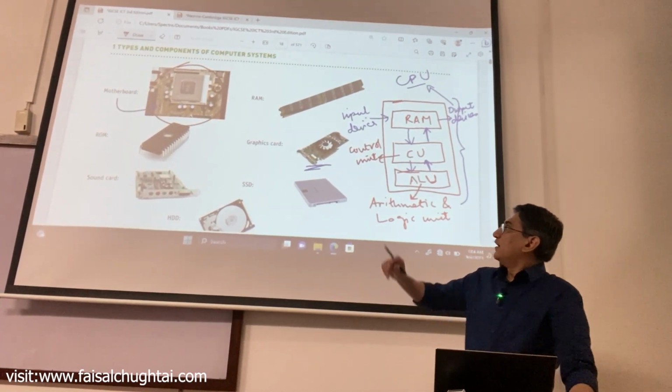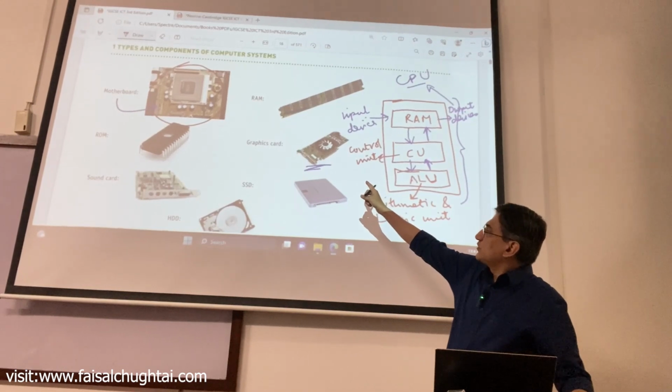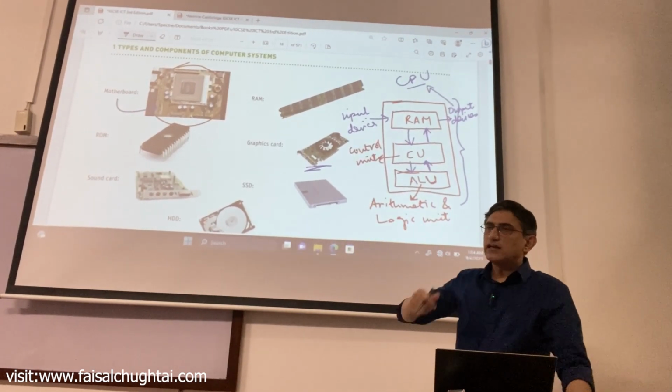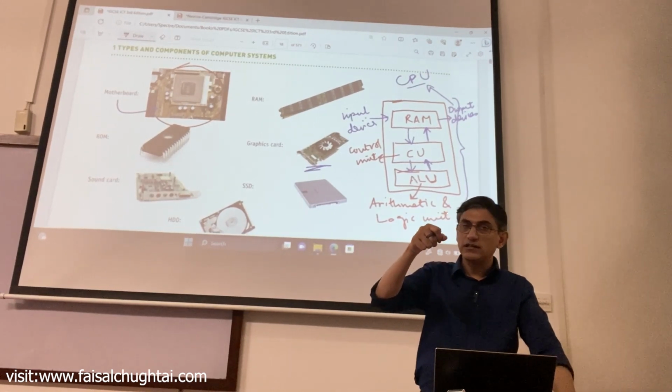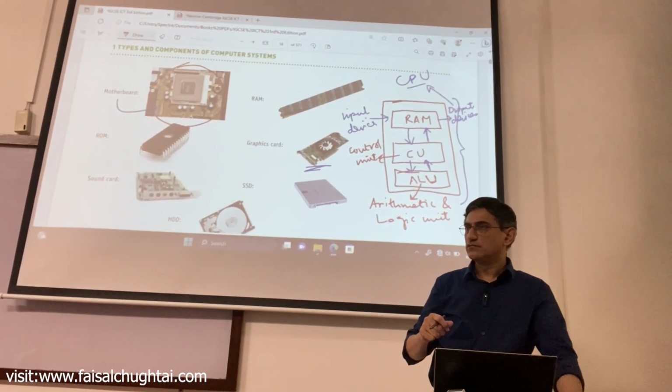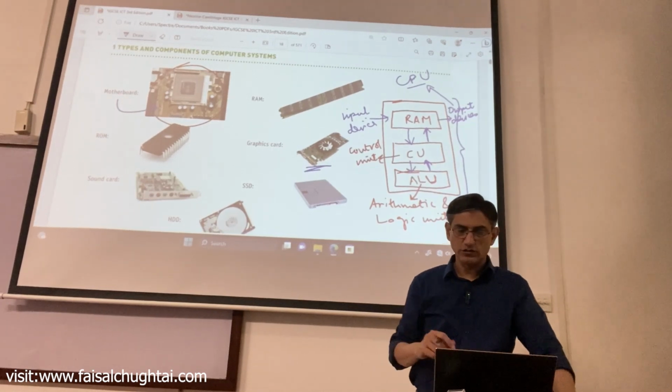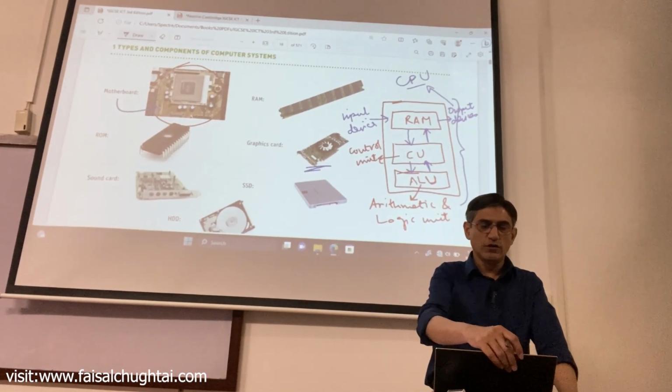A network interface card looks something like this. It would be similar to this, all right? Connected onto the motherboard. It has to be connected to the motherboard for it to be able to communicate with the rest of the computer. All right, let's move on.